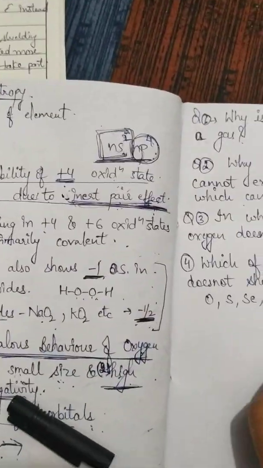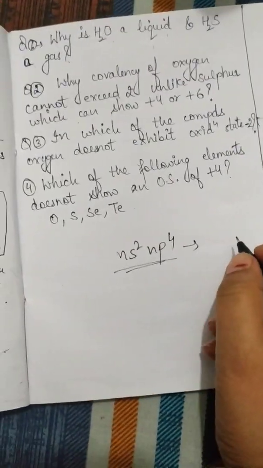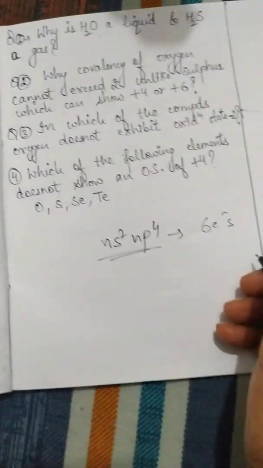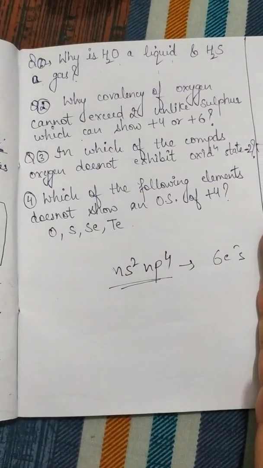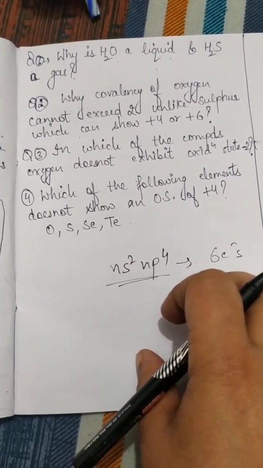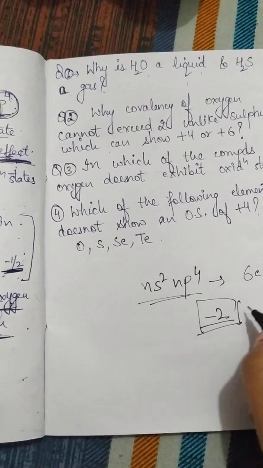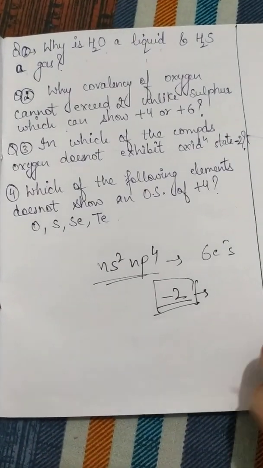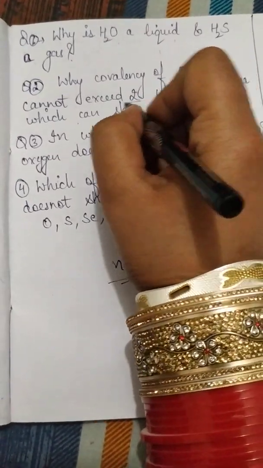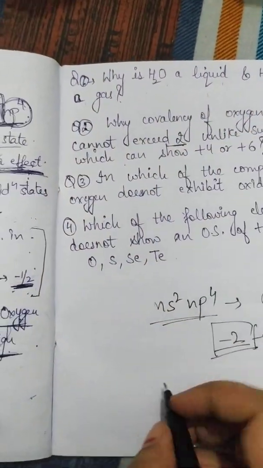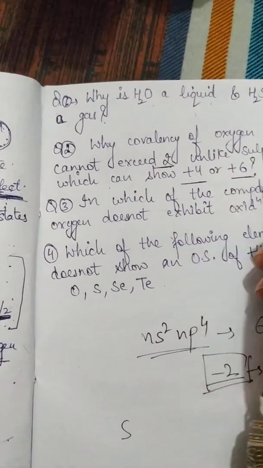Oxygen has 6 electrons in its outermost shell, so it requires only 2 electrons. It can accept 2 electrons and show the -2 oxidation state. Due to the absence of d orbitals, it cannot extend its octet, so it can show covalency 2. But sulfur and the other elements can show covalency 4 as well as 6.